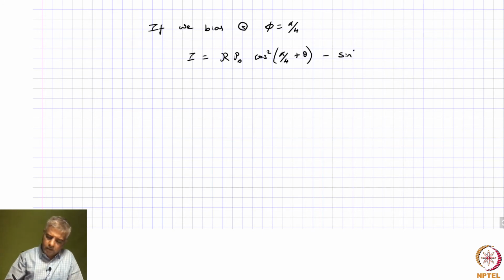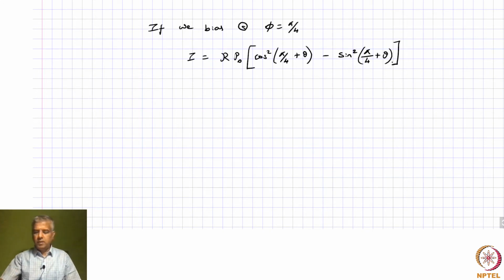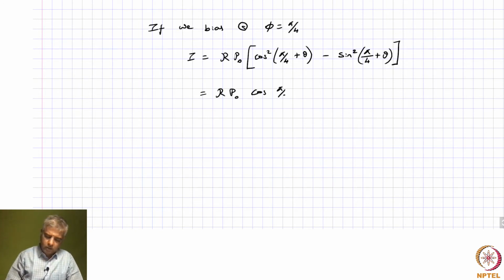And then once again, like we did before, that corresponds to cos of twice this argument, which gives cos of pi by 2 plus 2 theta, right?